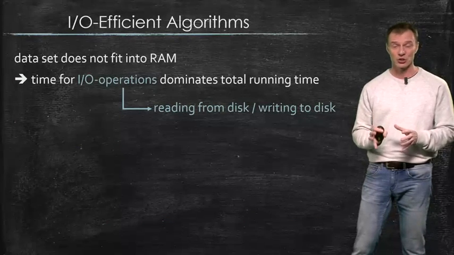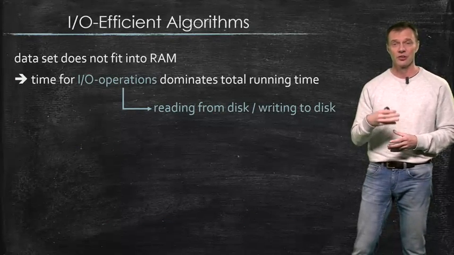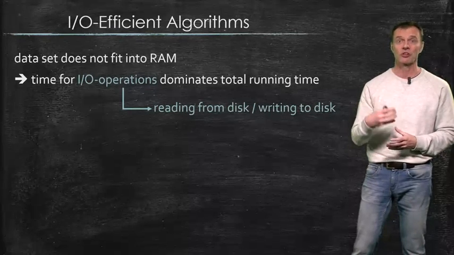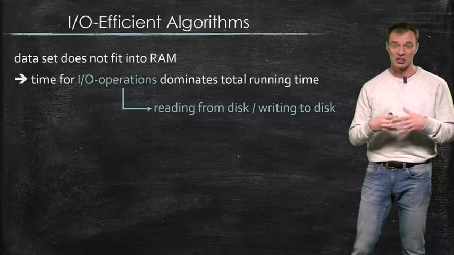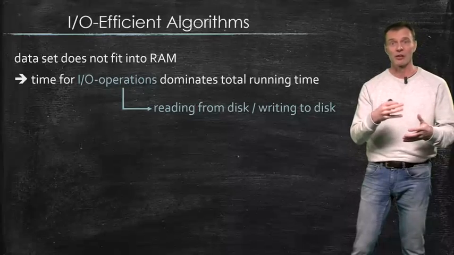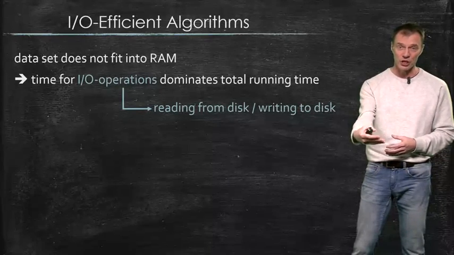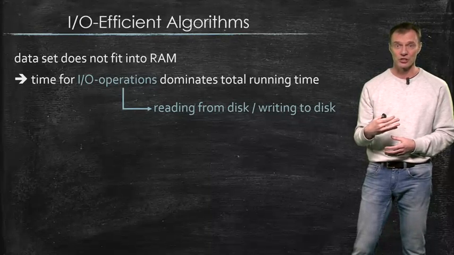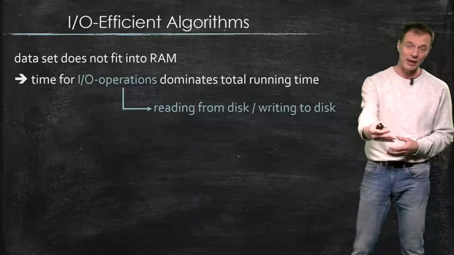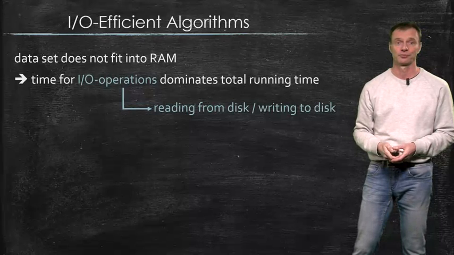If the data is stored on the hard disk, then actually most of the time spent by your algorithm is not on adding elevations and things like this, but it's actually on fetching the data from the hard disk that you need and maybe writing the data back after you've used it.